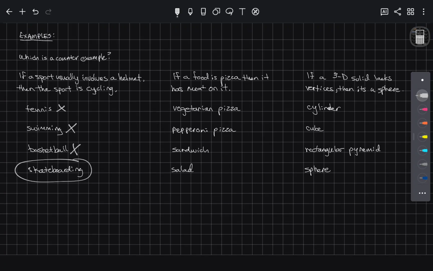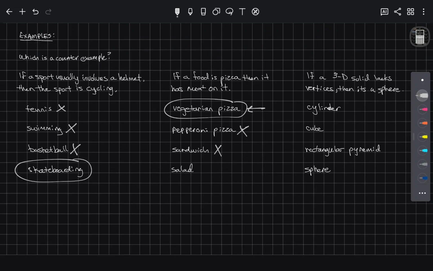On to the second one. If a food is pizza, then it has meat on it. So we're talking about if something is pizza, then it has meat on it. Well, the first example right here, vegetarian pizza, that's a pizza that does not have meat on it. So there is your counterexample. Pepperoni pizza has meat. A sandwich is not a pizza and it has meat on it.